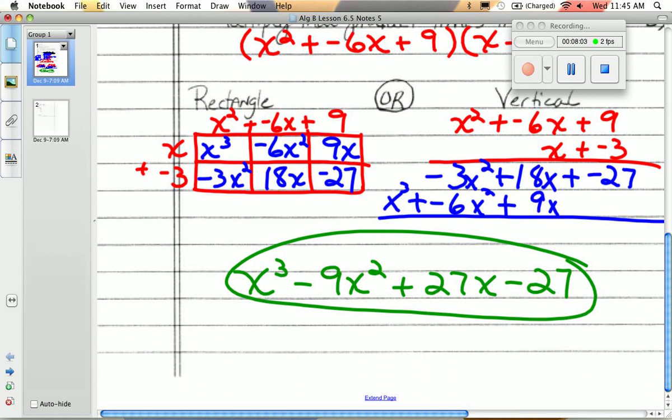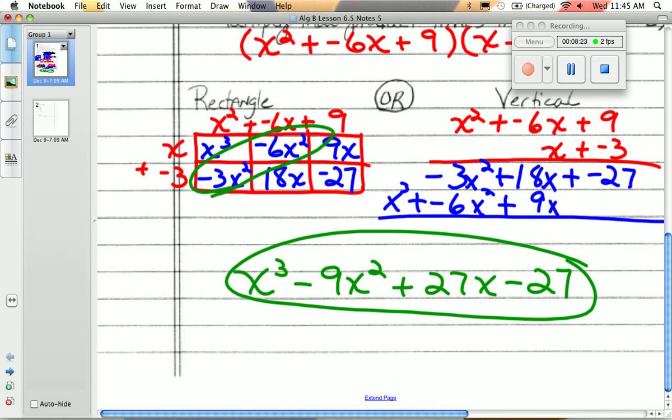Yep, that needs to be a negative 3 all the way across. So that means multiply by negative 3. If it was a positive 3 before, you probably had a positive 3x squared also, and a positive 27.